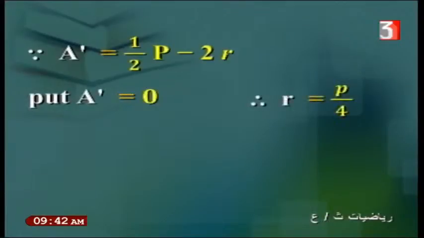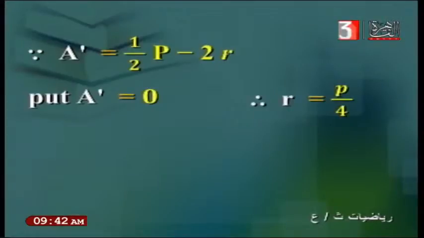Now to get the critical point, we take the first derivative of the function. A dash equals half P minus 2r. The derivative of half Pr is half P, and the derivative of negative r squared is negative 2r. Put A dash equals 0, then half P minus 2r equals 0, and r equals P over 4. r equals P over 4 is a critical point.